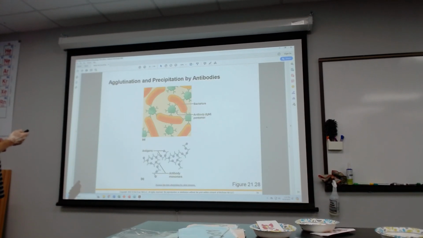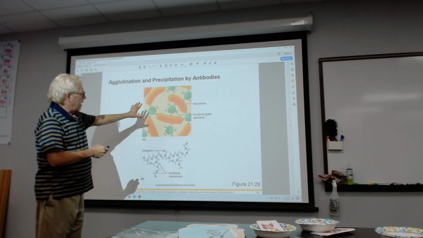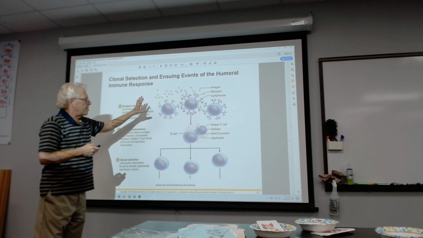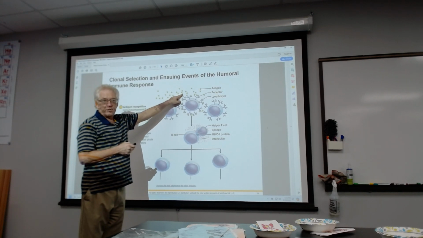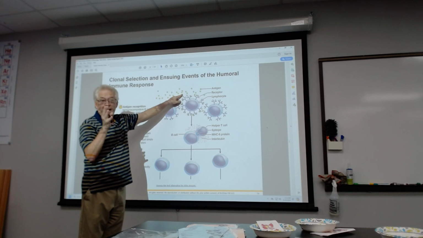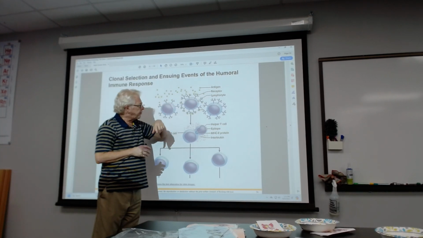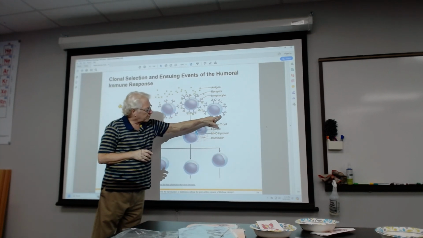Come on, sit here somewhere. Ah, right here. Okay. Let me go back. All right. This is what happens. We're being attacked by these little round green guys. Got it? Doesn't matter what they are, they're bad guys. Okay? We're being invaded. They are the antigen. Well, look at these 3 B cells. Look at their receptors.